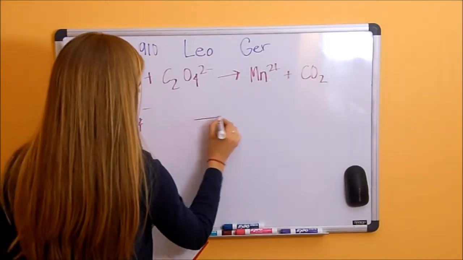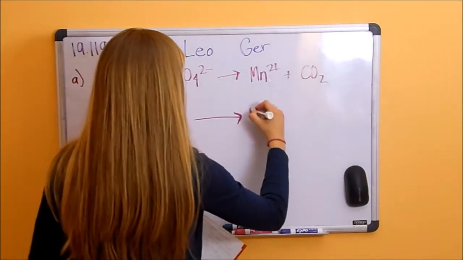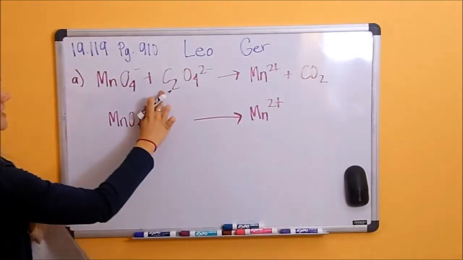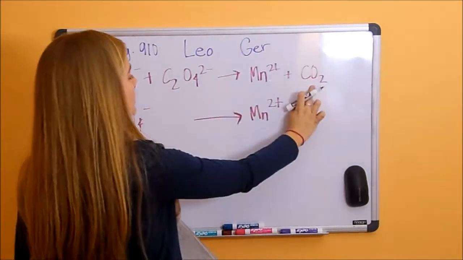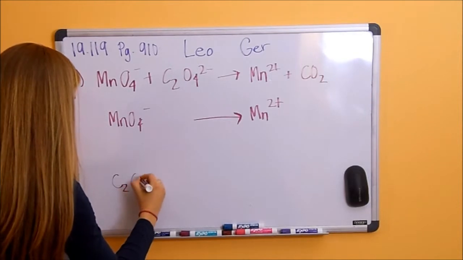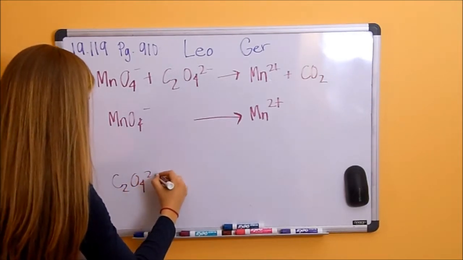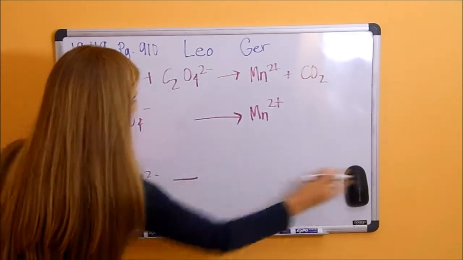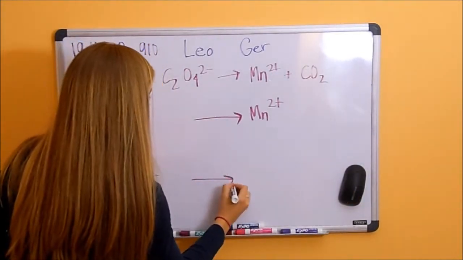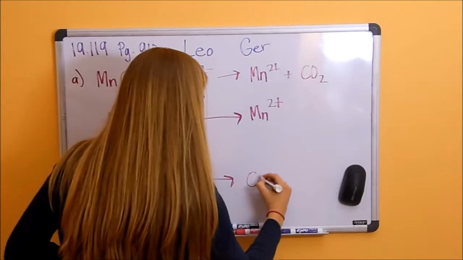I'm going to leave some room so we have room to write everything else in. And then we also have the C2O4 2 minus going to CO2.